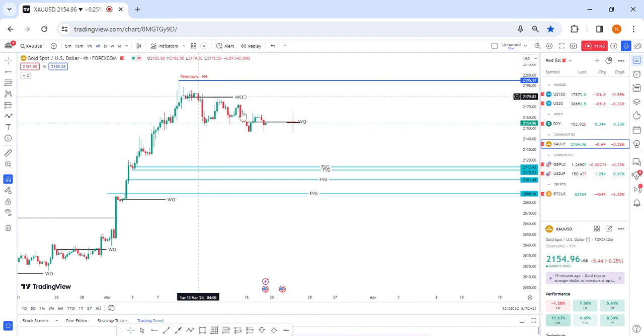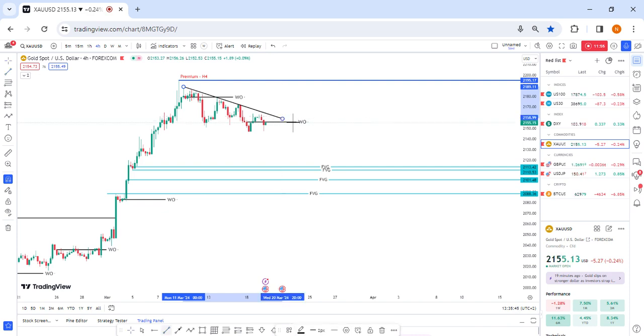But again, we are seeing this corrective price action where we now might be seeing a reversal pattern. The price might just want to break from here and then push to the upside.